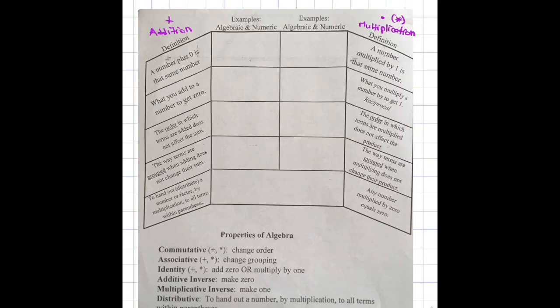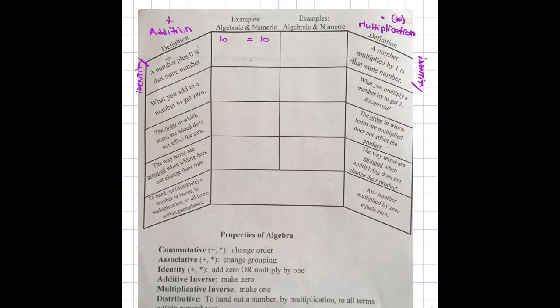The first one is the identity property: identity of addition and identity of multiplication. When you think of the identity property, think of the word identical. This means we start with a number or value and end up with the same number or value.